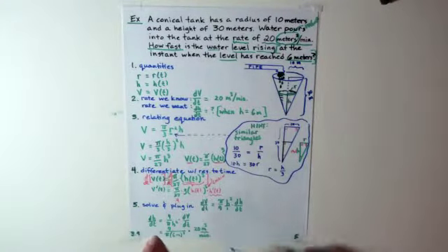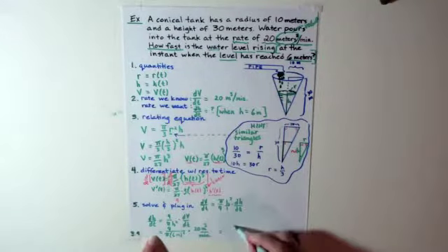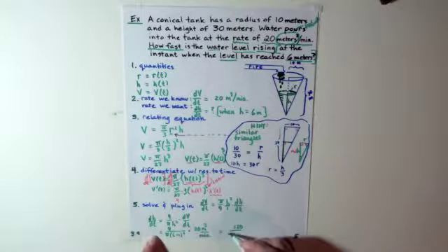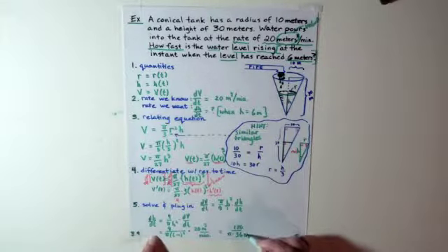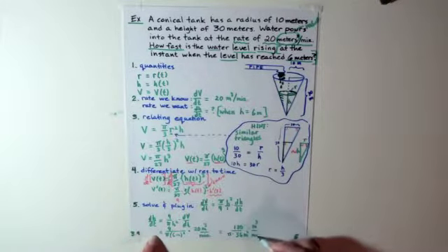And now it's just a matter of simplifying all of that. 9 times 20 would be 180 over pi times, it looks like 36 meters squared. And then the units that are left here are meters cubed in the numerator and minutes in the denominator.